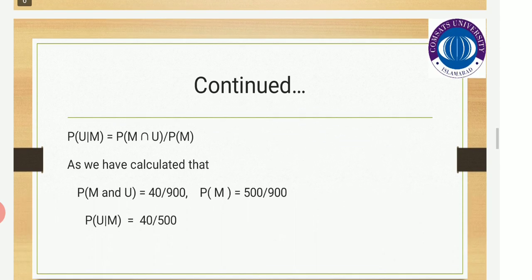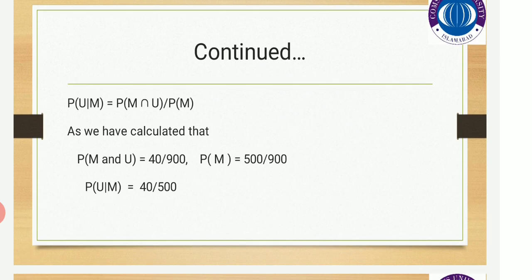So it would be equal to 500 by 900. By applying conditional probability, M intersection U divided by probability of M, it will be equal to 40 by 500.